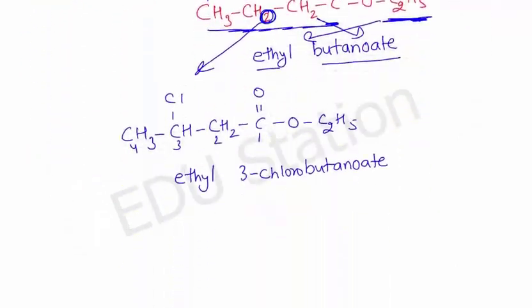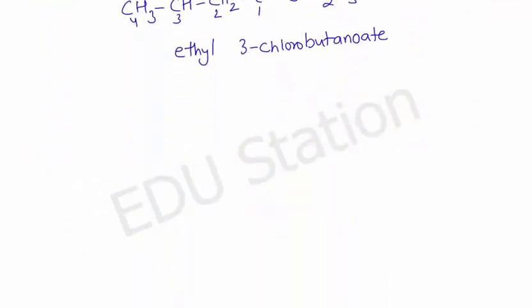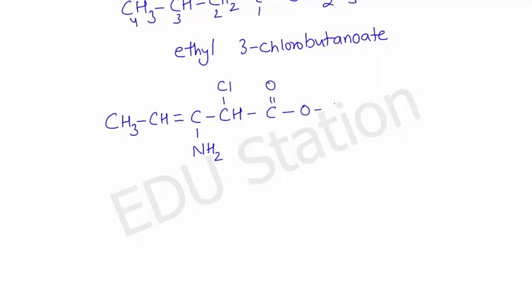We'll take one more example. We have CH3CH double bond C, NH2, CH Cl C double bond O O CH3.